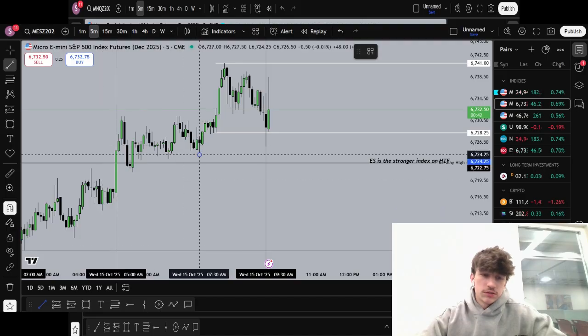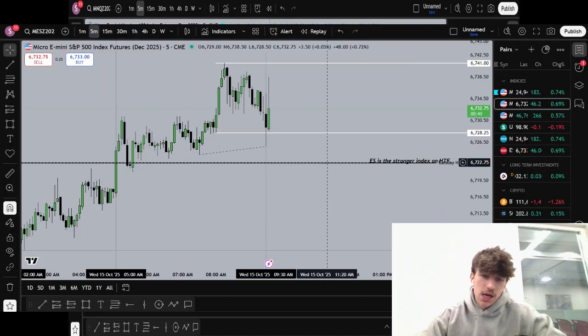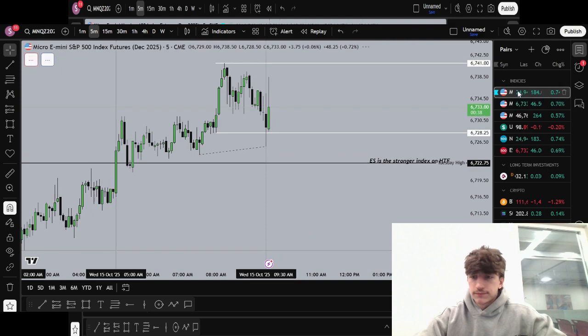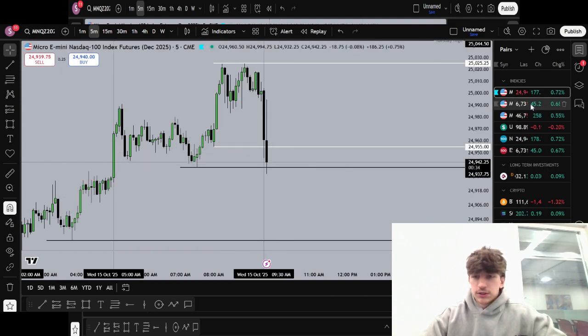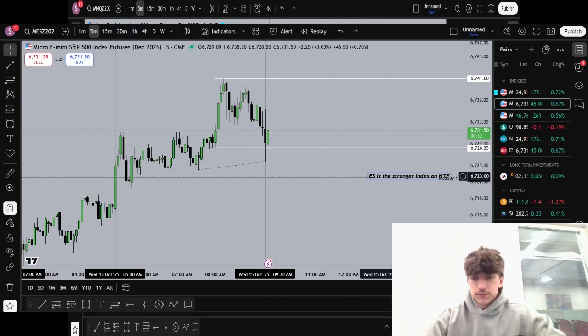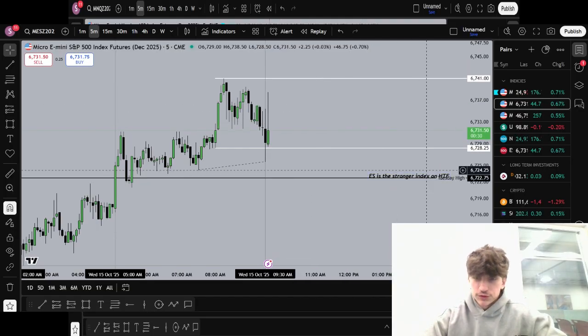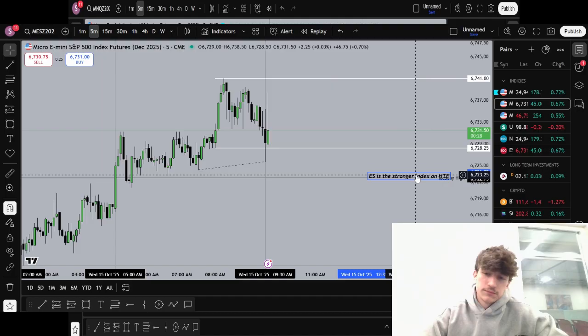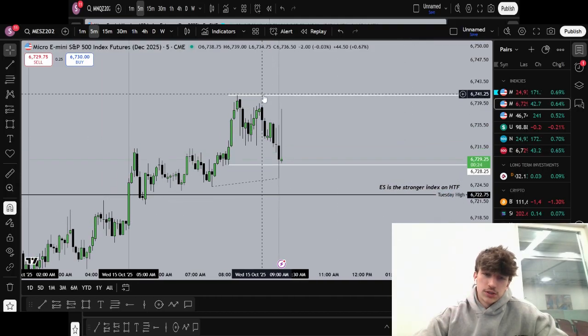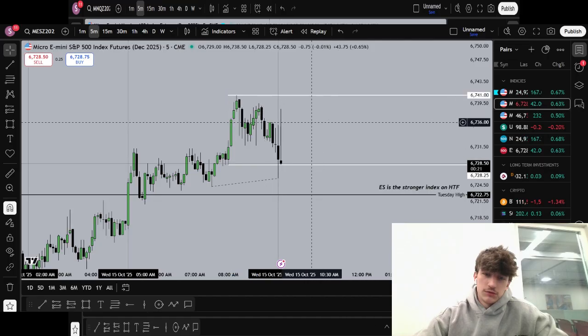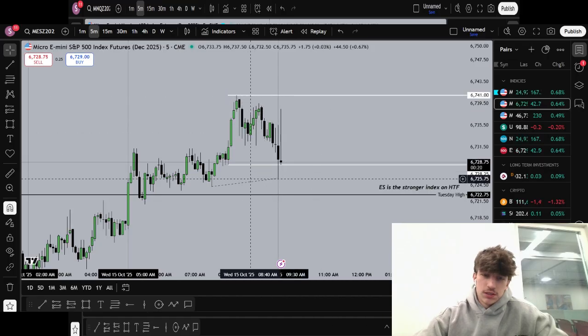We're getting a bullish SMT right here, sort of as expected, which is good. NASDAQ will be the weaker index, which is obviously on the high time frame as well. Once price trades above this high, hopefully during the macro, this SMT will be filled.